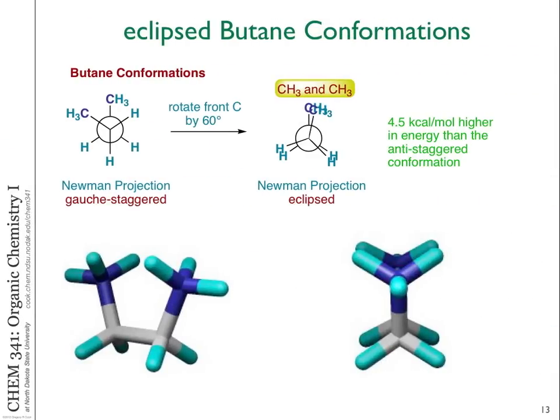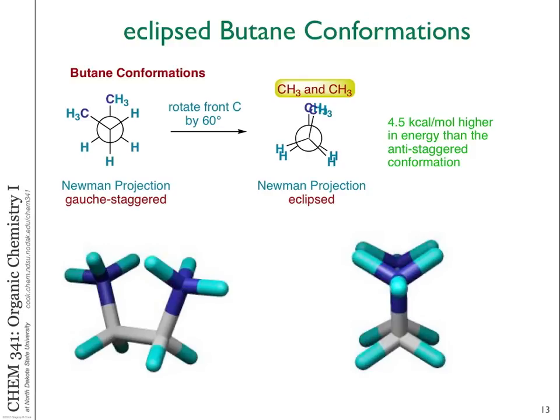And then you keep going again, you get to this eclipse conformation again. So from the gauche staggered conformation, rotate by another 60 degrees, we get to our highest energy state. Now, we have an eclipse conformation where the CH3 group on the front is aligned 0 degrees apart from the CH3 group on the back.